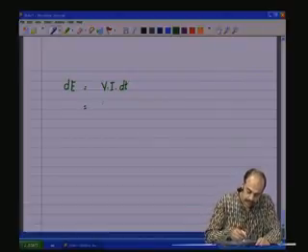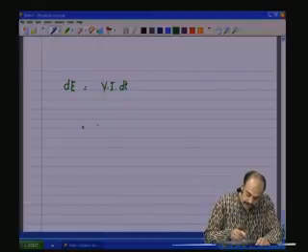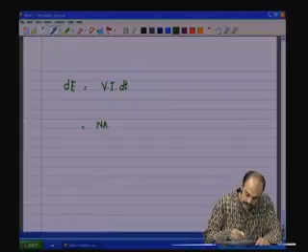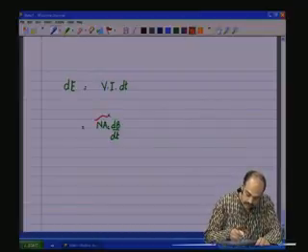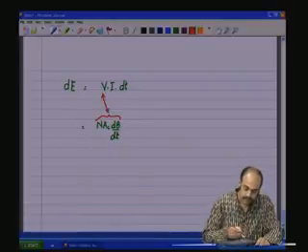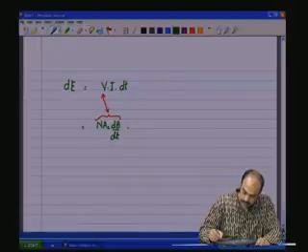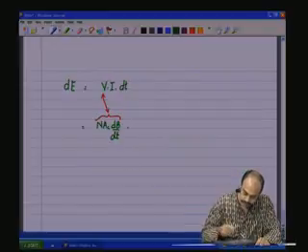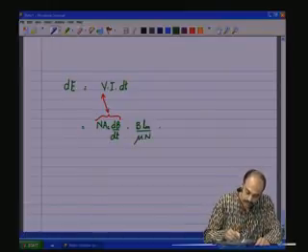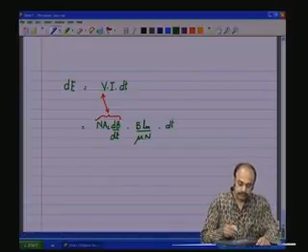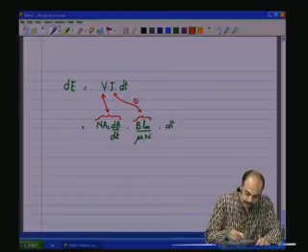And this is given by the voltage from Faraday's law, which is N AC dB by dt, and then I is given from Ampere's law, which is B Lm by mu N, into dt. This is equation 1, equation 2.